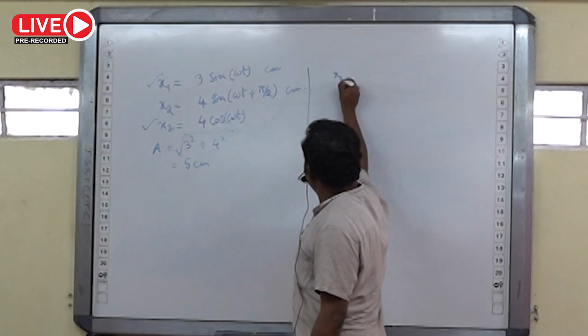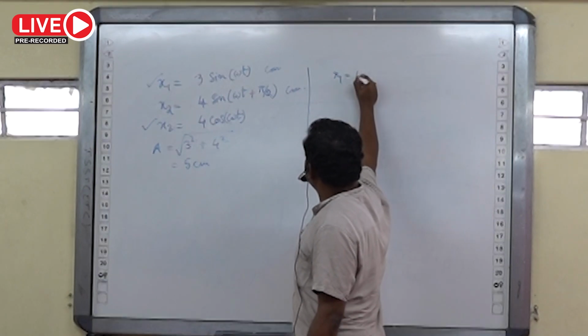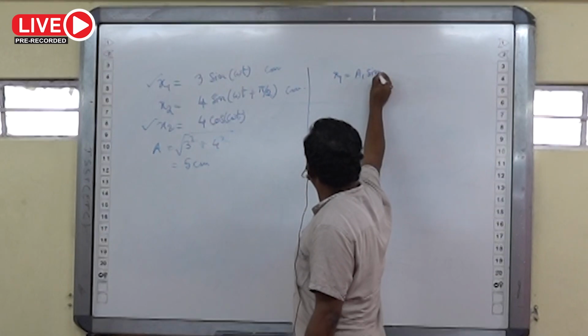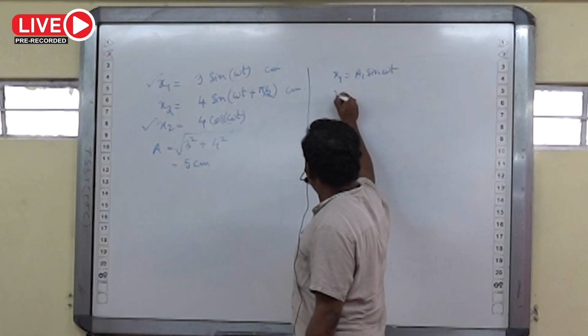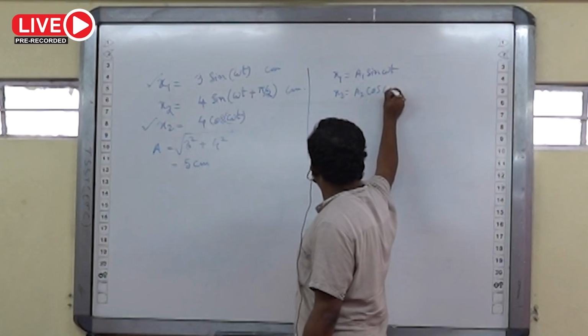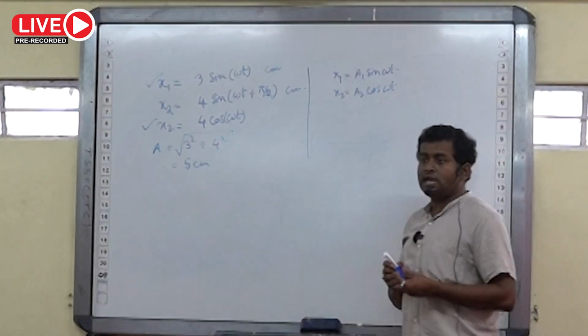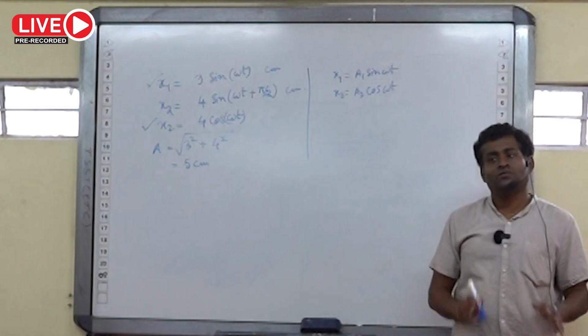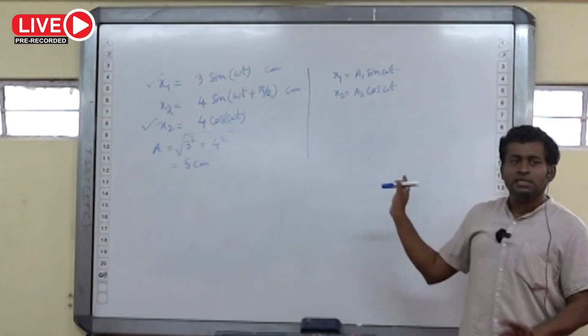I can write x1 equal to say a1 sine omega t, x2 equal to a2 cos omega t, like this, where a1 is 3 and a2 is 4. So I write the general form.